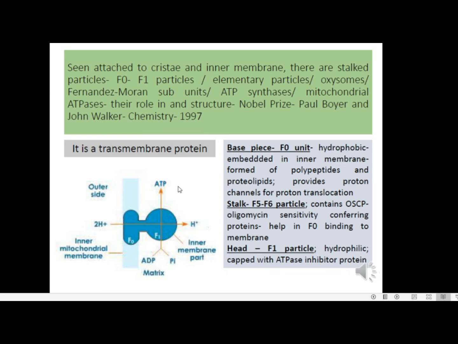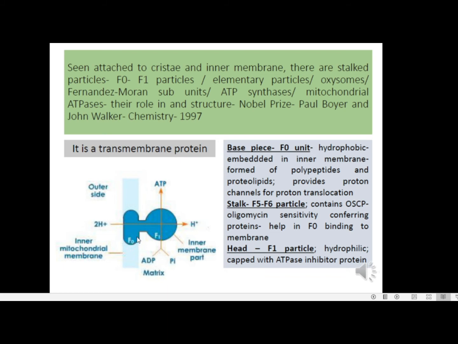Now coming to the structure of these particles, they are transmembrane proteins which are seen spanning the inner membrane, and they have three parts: the base piece or the F0 unit, the stalk or the F5, F6 particle, and the head or the F1 particle.